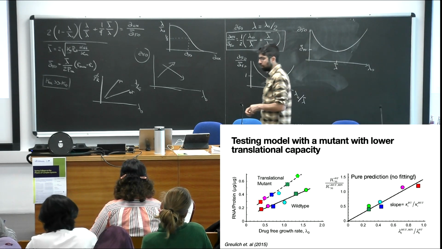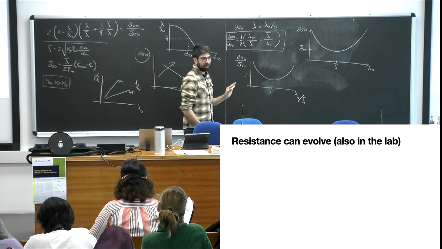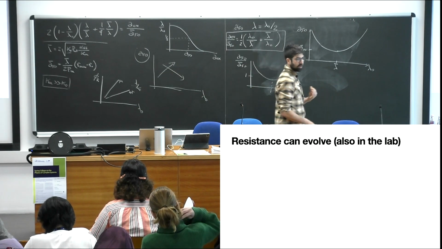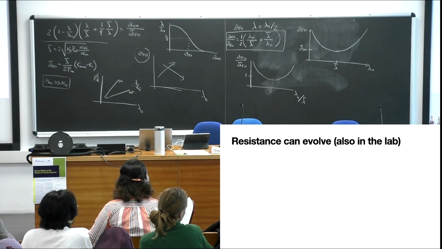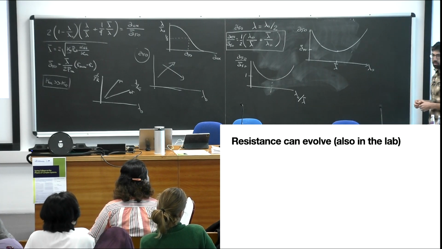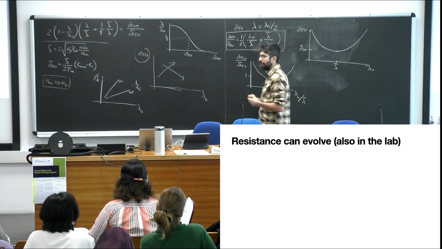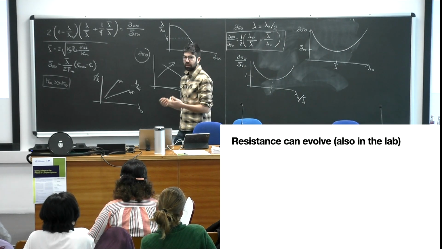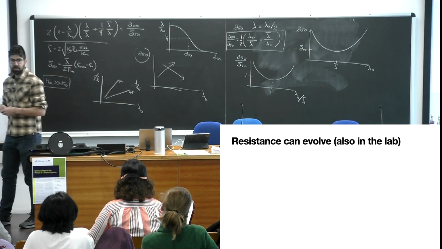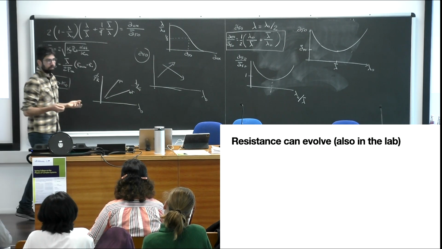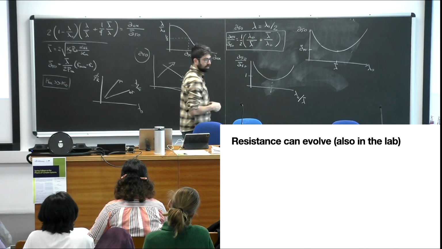Now, the point is, as I told you, resistance evolves also in the lab, right? So the idea is, if you expose some bugs to the drugs and you wait, you have them growing in the lab, they will evolve some mechanisms to improve their growth in the presence of antibiotics. Okay?